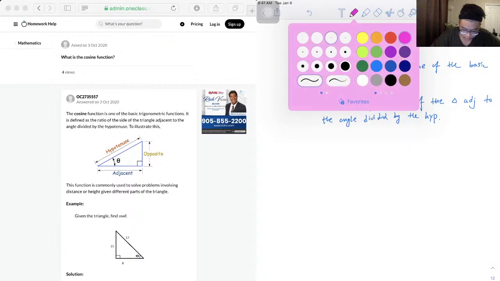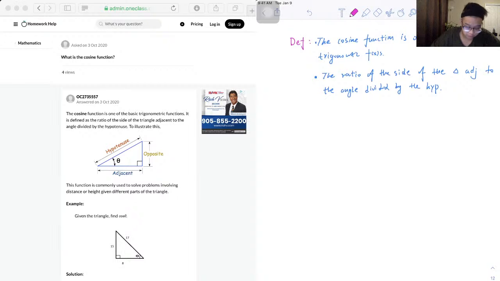And let's draw a little graph to illustrate this. And let's mark theta. So here, it is our adjacent, and this part will be our opposite, and the longest side will be our hypotenuse.